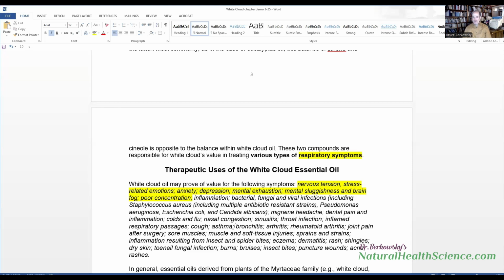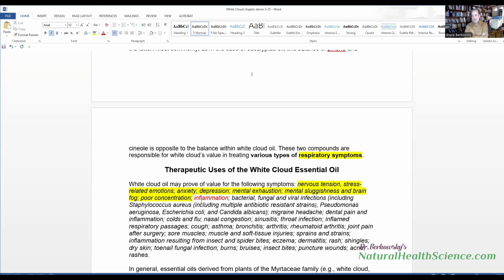So we already know it's specific for inflammation. And this is one of the big takeaways on a physical level. Not only a physical level, but remember, virtually every disease in the body, including various types of diseases that affect mentation and emotions, such as dementia, like Alzheimer's and other forms of dementia, are related to inflammation.